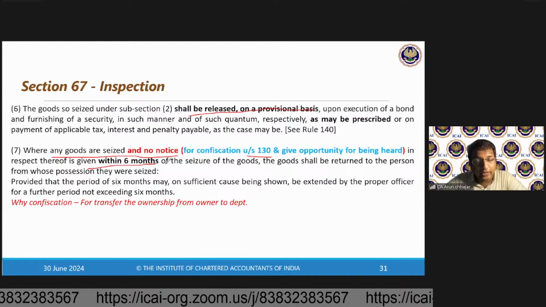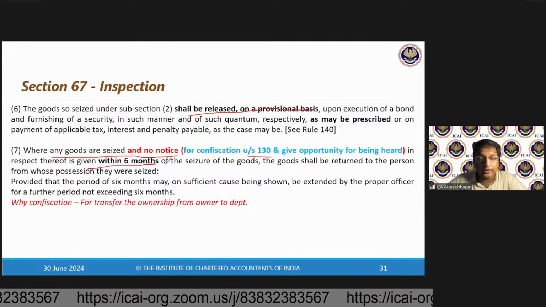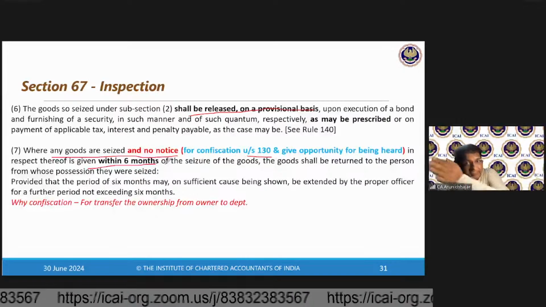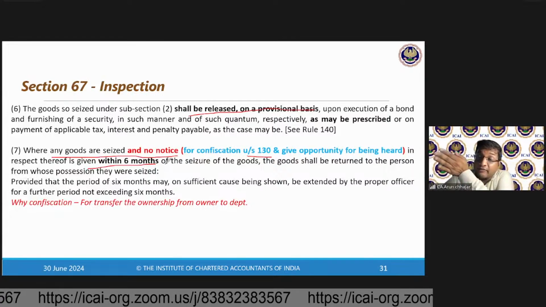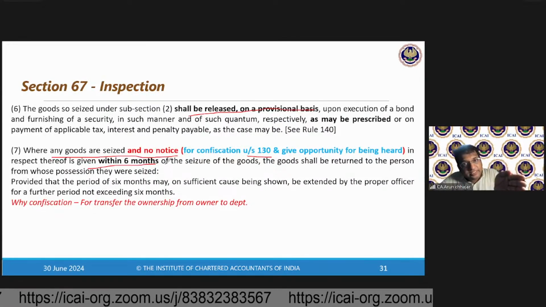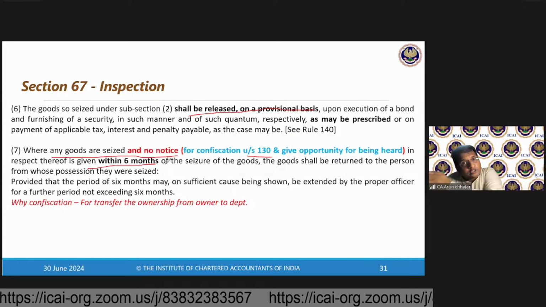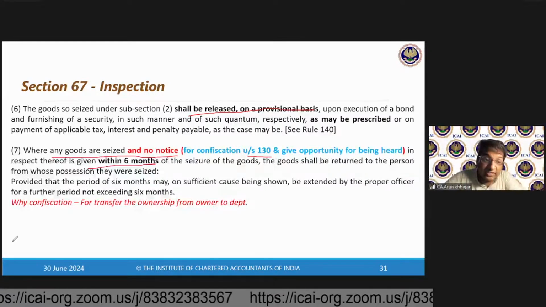What is the difference between confiscation and detention? Detention means only physical possession has been with the department. But confiscation means the ownership has also been shifted to the government. It is vested with the government.